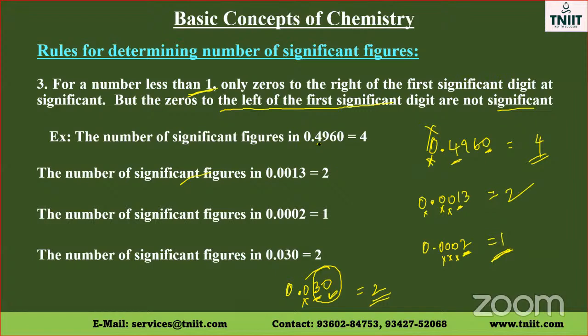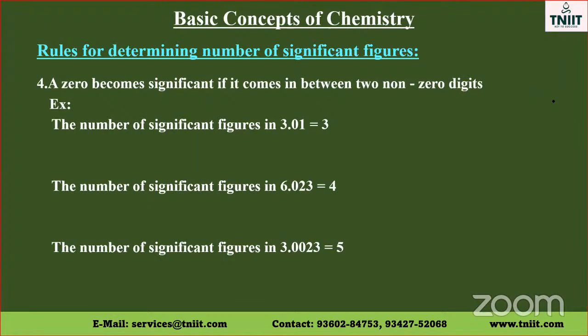So the first significant digit is 4 here. This is significant. The first significant figure is 1. Zeros before the first significant digit are not significant. This is the third rule.